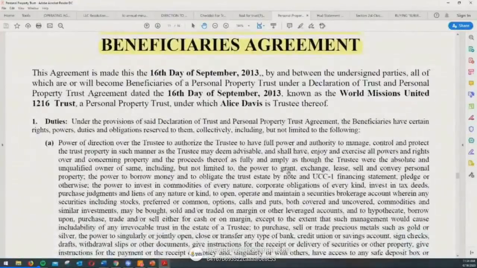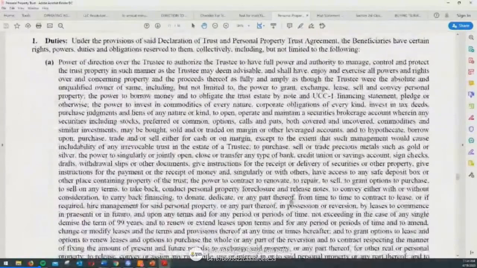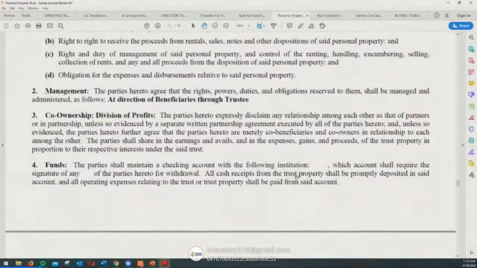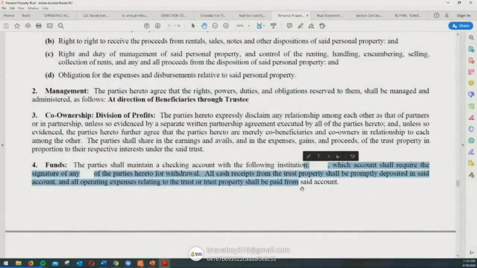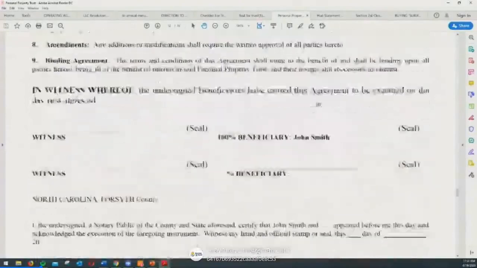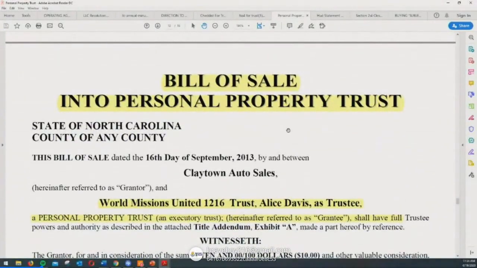Then here goes your personal property trust beneficiaries agreement. This just says what the beneficiaries' responsibilities are in the trust. All right, very simple. Now, this is something I want to highlight. Bill of sale into personal property trust.